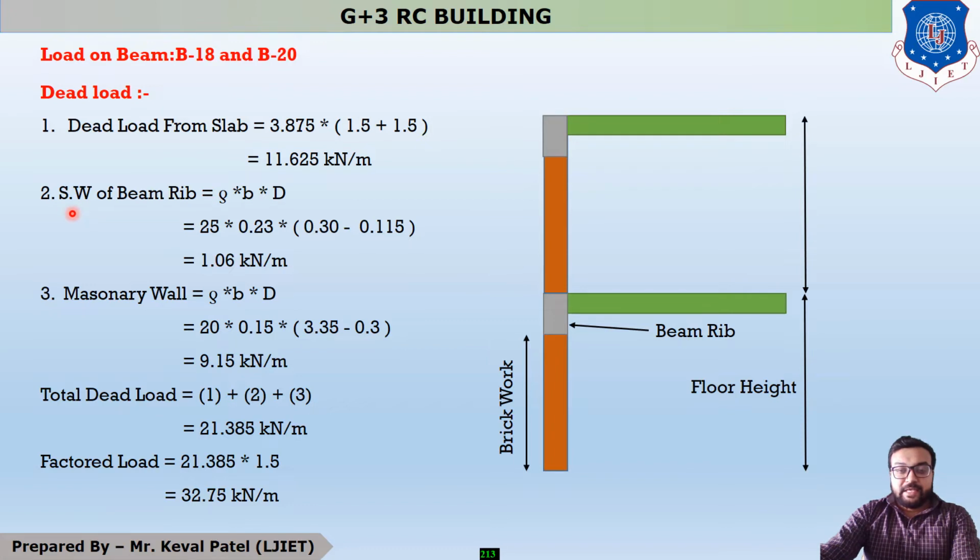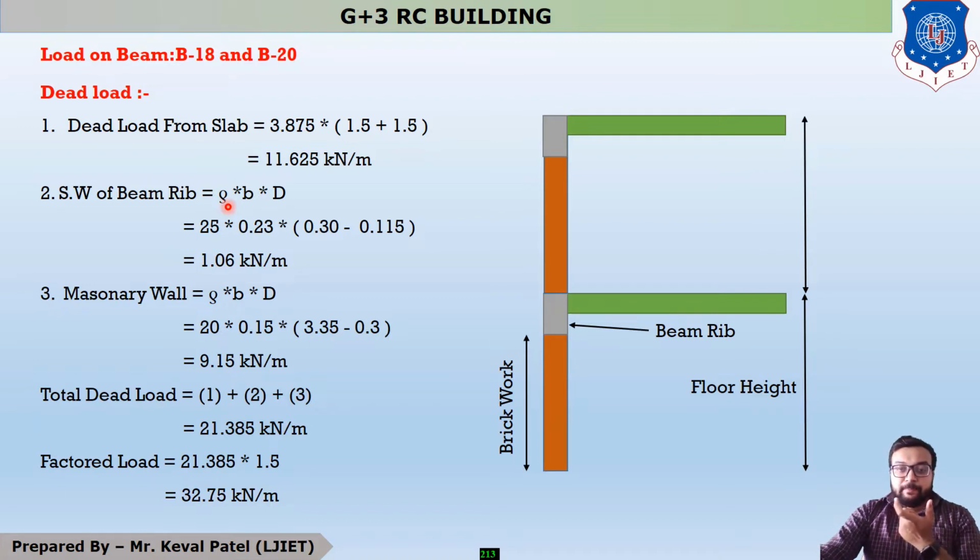Second one is self weight of beam rib. So students, the equation of self weight of beam rib is rho into B into capital D. This calculation was already discussed in our last lecture, where rho is the density of concrete.